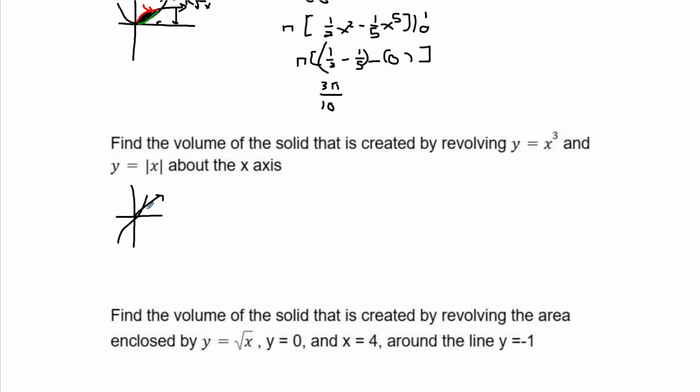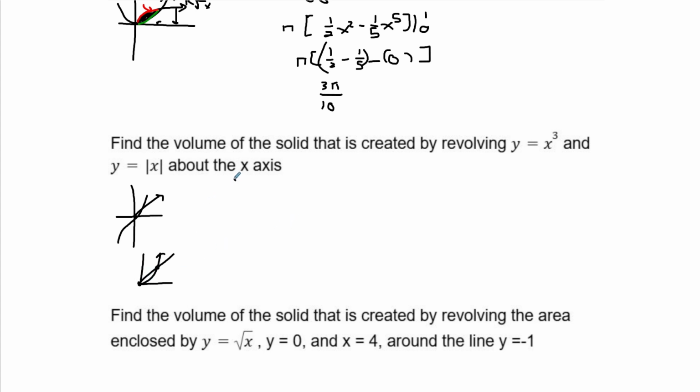If I zoom in, it'll look like this. Since I'm revolving around, or bounded by, these points where they're equal, I can just write this as y equals x, because y equals absolute value of x and y equals x are the same if x is greater than 0, and it is here.